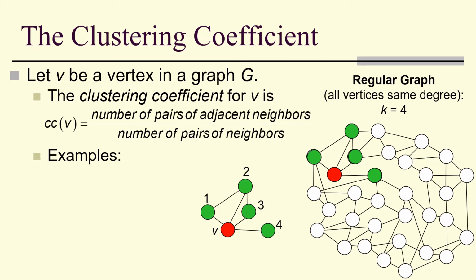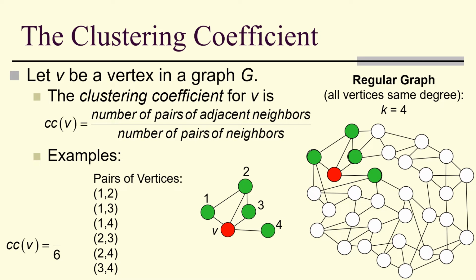There are 4 neighbors, and that means that there are this many pairs of vertices, 6. So the number of pairs of vertices is 6. And how many of these neighbors are adjacent to each other, ignoring the red actual vertex? Well, there's just 2.